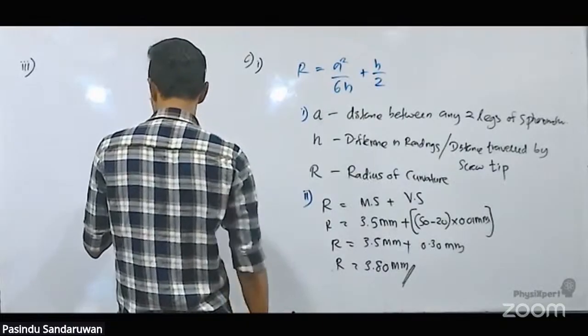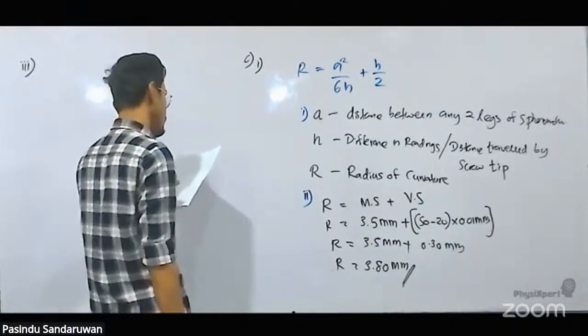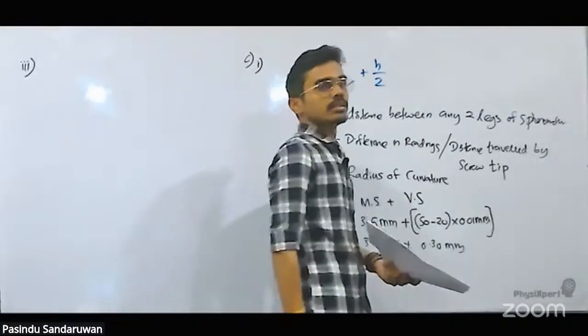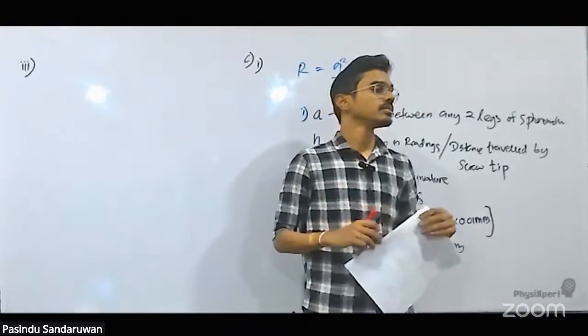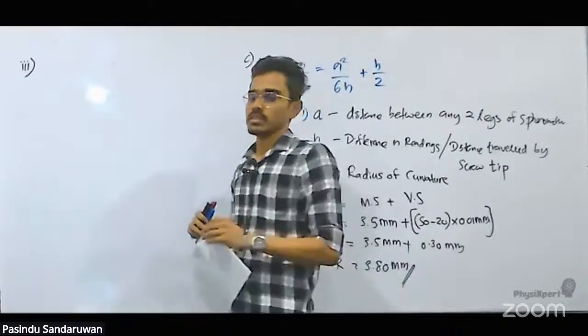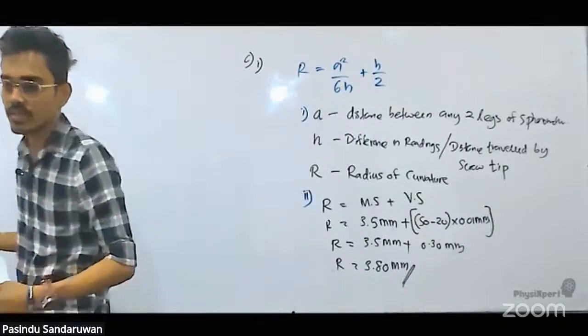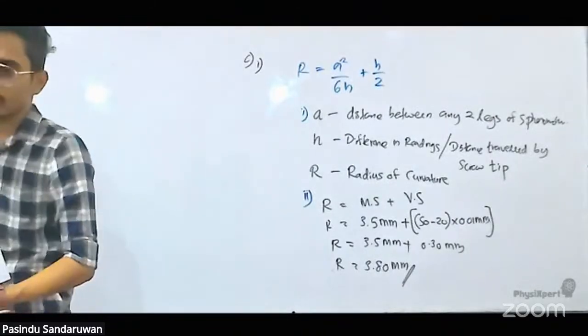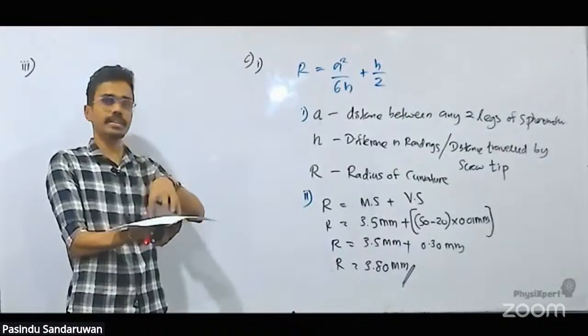So, explain the method used to determine the value of A. Any answers? That's a straightforward method. Firmly pressed, yeah. Spherometer should be firmly pressed onto a white sheet.